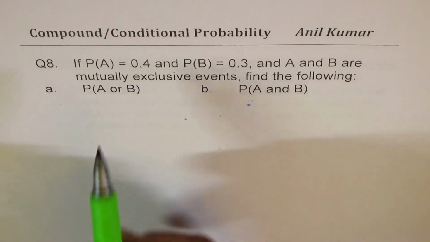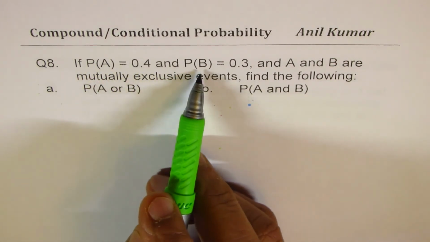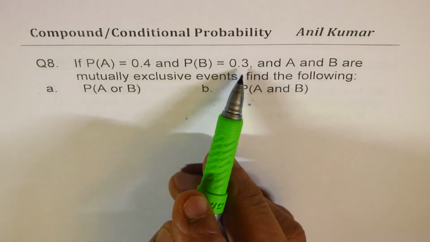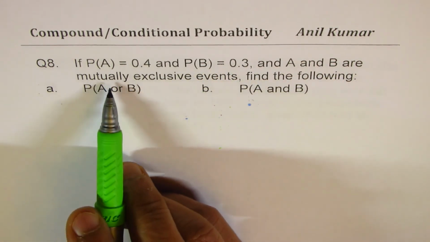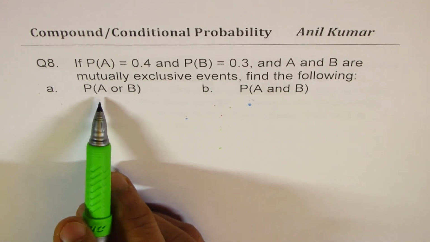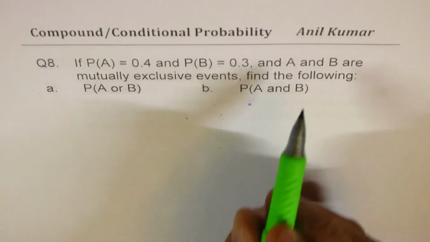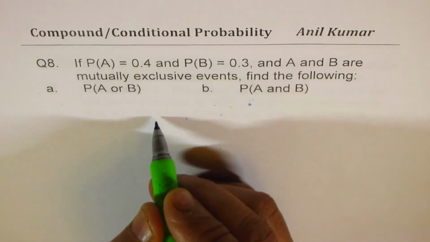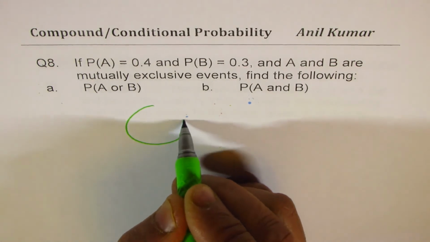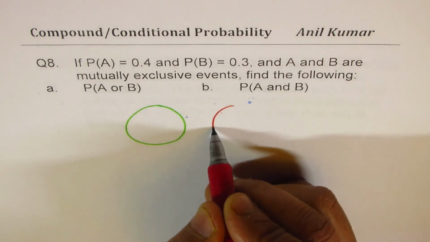Question number 8. If probability of A is 0.4 and probability of B is 0.3, and A and B are mutually exclusive events, find the following: probability of A or B and probability of A and B. Since A and B are mutually exclusive, we can make two circles which have nothing in common.